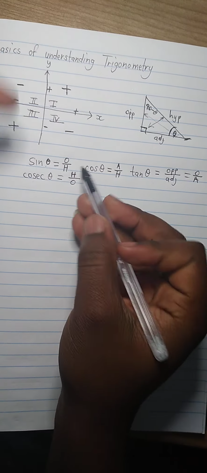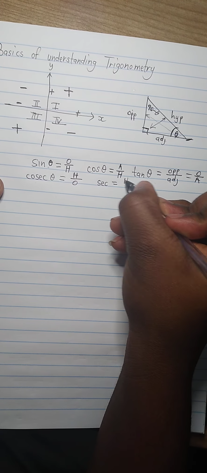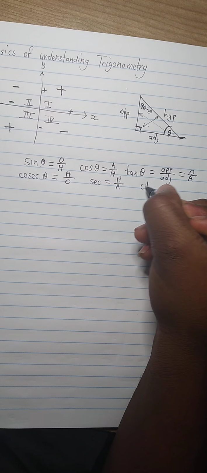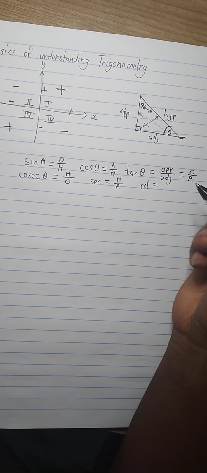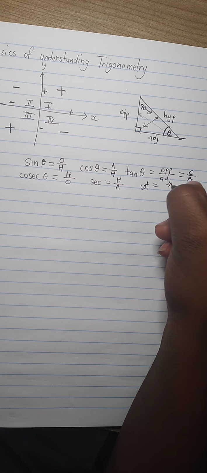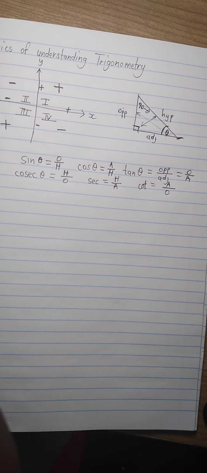The reciprocal of cos is sec, so it will be H over A. And the reciprocal of tan is cot, so the opposite of that is A over O. So these are the basic things.